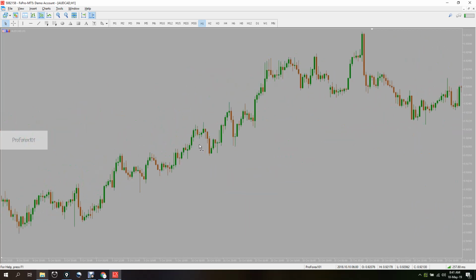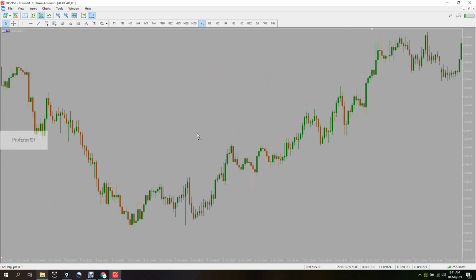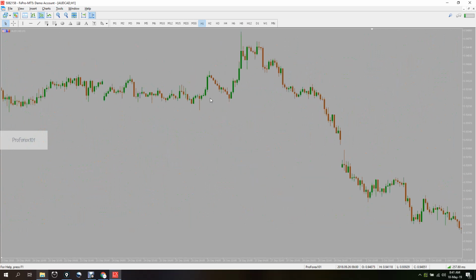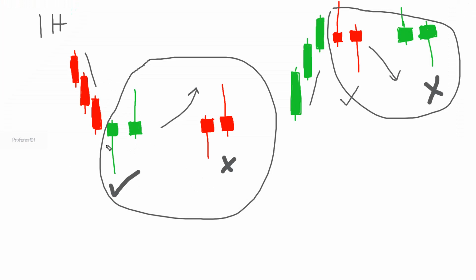Okay guys, I think enough examples for today. We've gone through all types of scenarios where we looked at successful exhaustions on a downtrend and successful exhaustions on an uptrend. We only looked at one failed exhaustion, but you get the point, right guys?